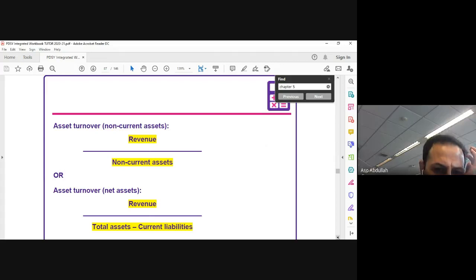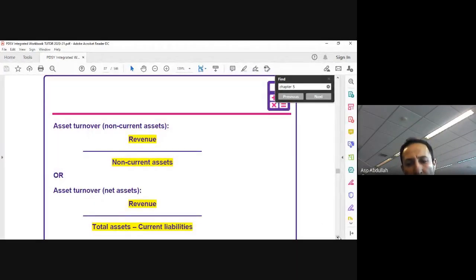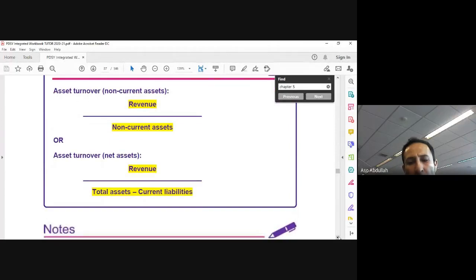Then we can compare the association between revenue and non-current assets, so how much it makes a contribution toward revenue. Otherwise, there is another way of calculating the importance of your asset.